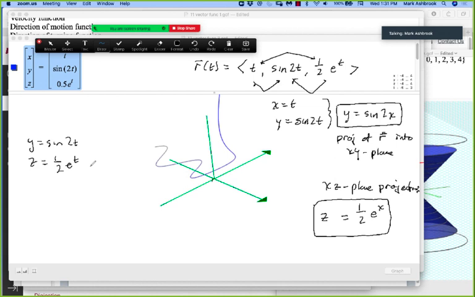In order to get this equation of y and z, let's solve this one for t. So what would t equal? T is going to equal natural log of 2z. Multiply by 2, the inverse function of exponential is natural log. So now I can take that and put it here, and so what do I get?